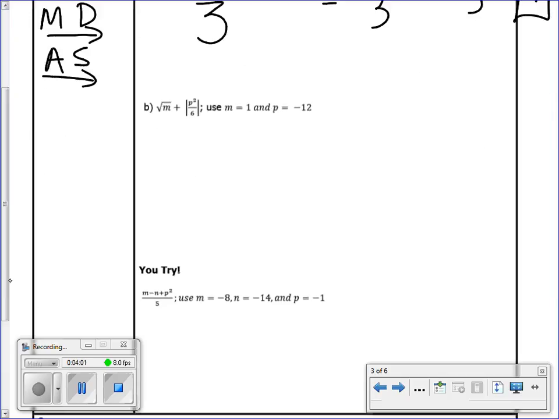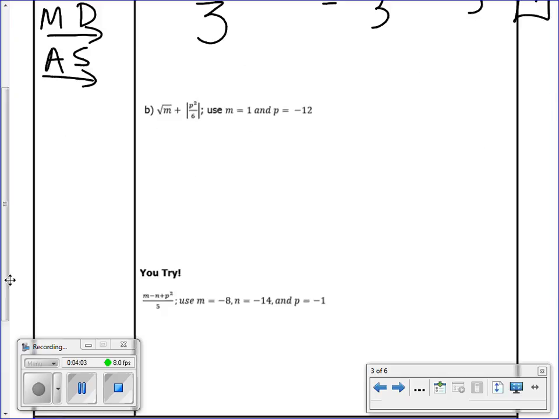For letter B, now we're just inserting different numbers because we have different letters. For M we're putting in 1, and anywhere you see a P, you put in negative 12. So we have the square root of 1 plus absolute value of P squared.